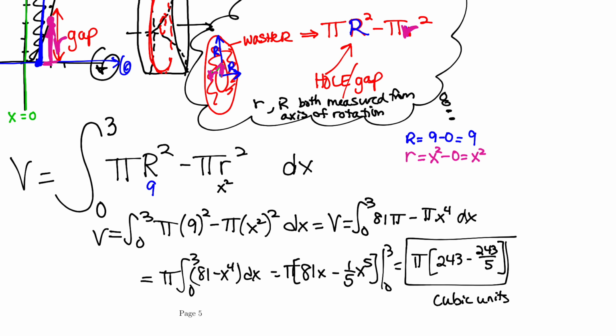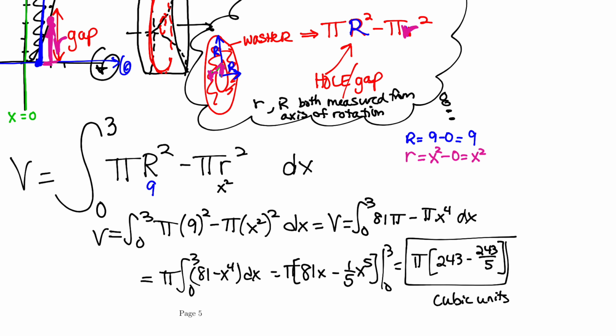So if a shape is solid, I want you to get in the habit of saying one radius, one circle. If I have a hole, I'm going to have two different radiuses. One there and one there. Got it? How are we?